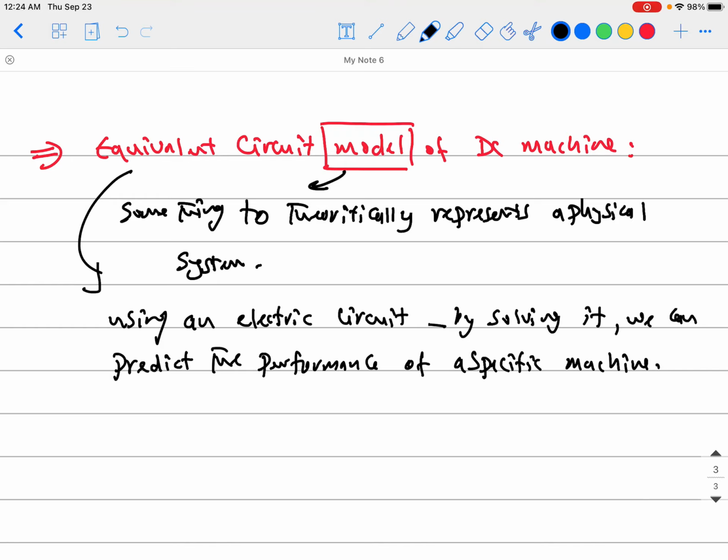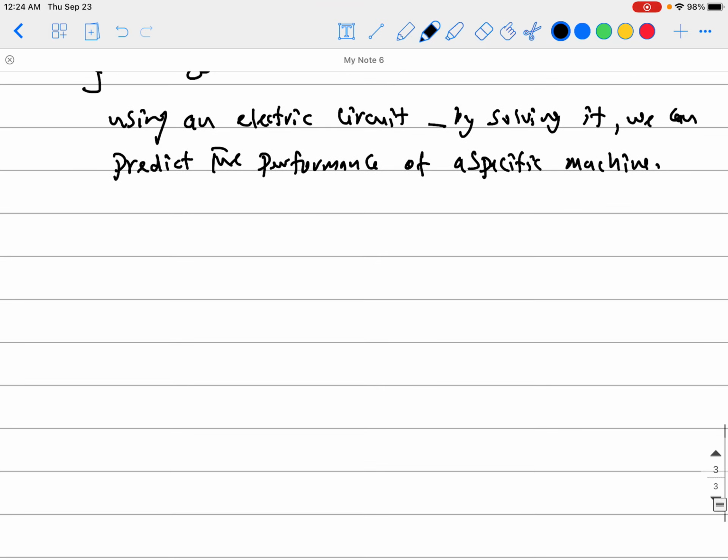So we won't do this. We will use a model like this equivalent circuit model we'll be talking about, take some information about the machine from its manufacturer, plug it into this model, and predict if this machine will handle this load or not. Simple as this.